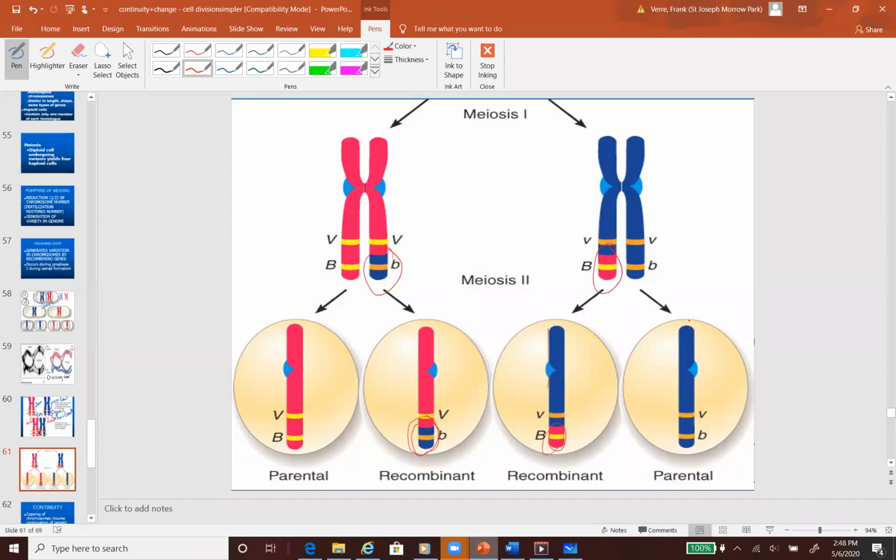Why? What's going on? Well, the idea is this. The idea of crossing over is to produce as many combinations as possible. That's the whole point of crossing over. It's to produce different combinations.